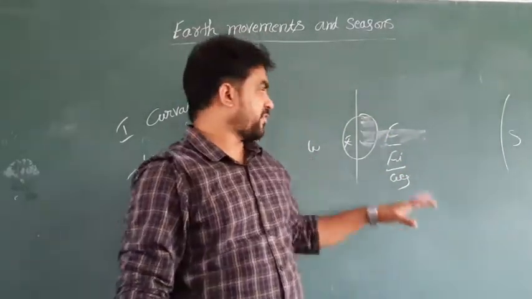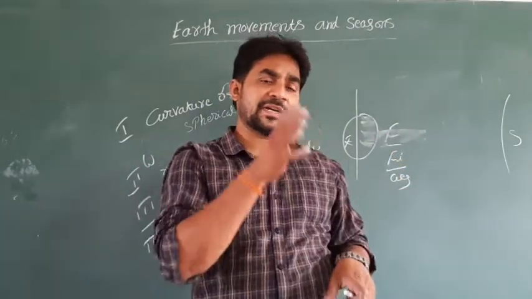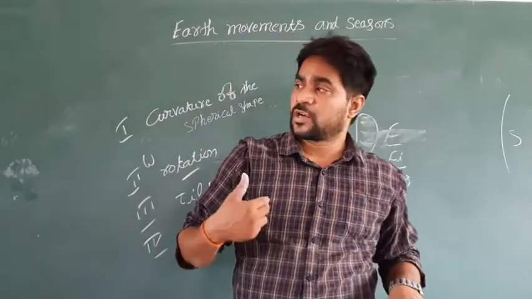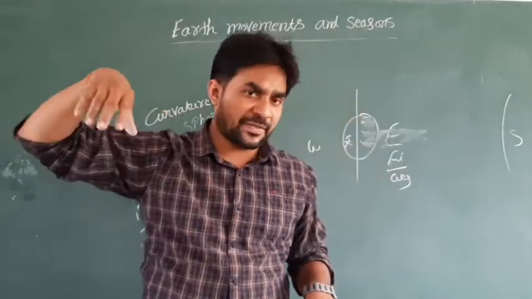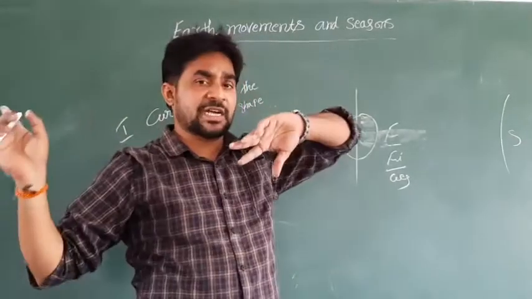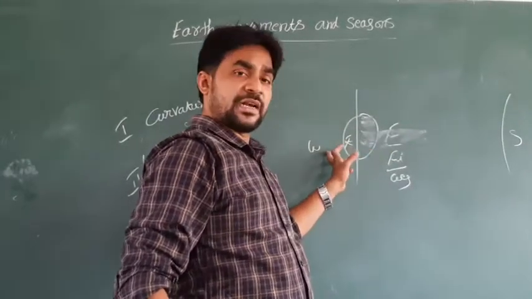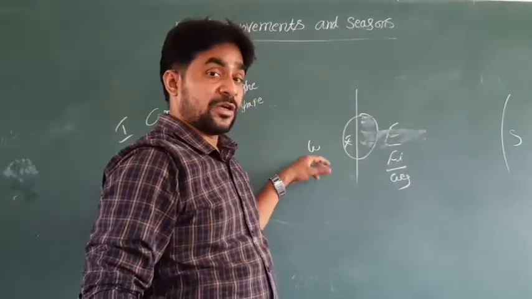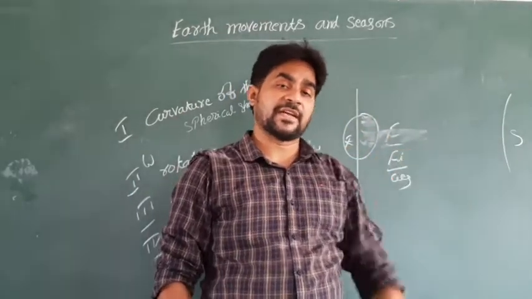One side takes the sunlight, and that side is called daytime. Now the sun is appearing in the region where we are, Hyderabad, and it looks like daytime. The opposite side does not have sunlight and appears dark, so that side is called nighttime.